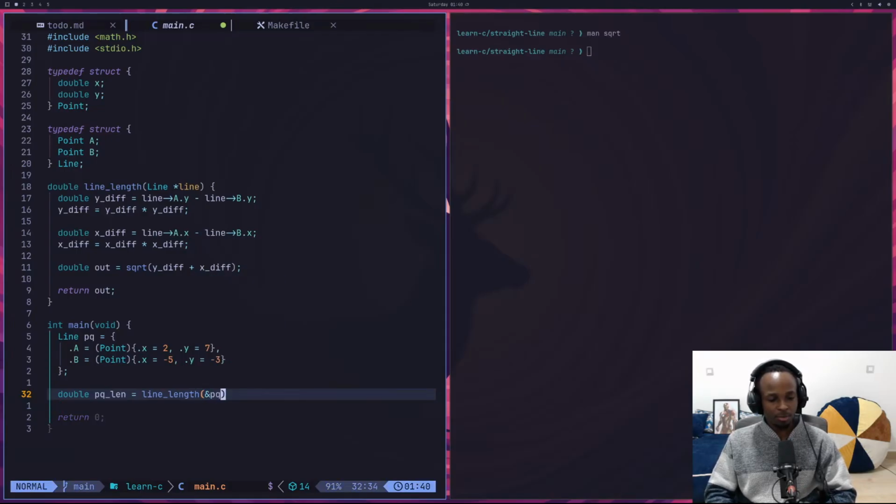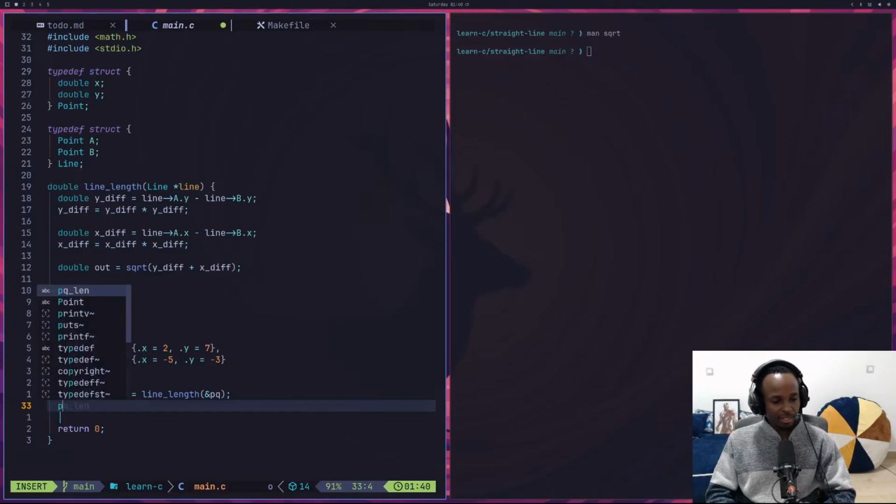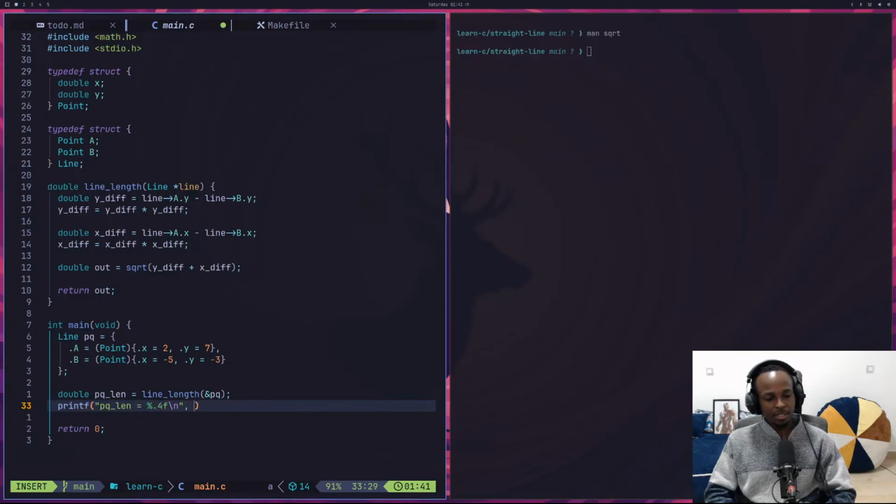So the ampersand, and then pq. And then printf pqlen will be, so it's a double, so let's just give it to 4 decimal places and print an empty line, and then pass in pqlen.